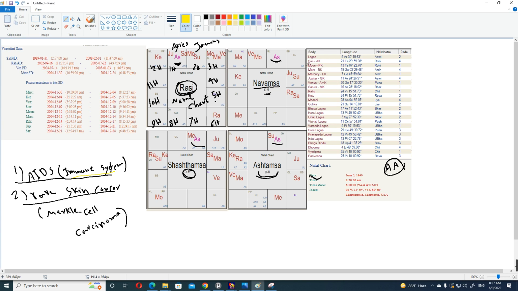Before starting the chart from the viewpoint of health, you need to check the strengths of the first house and 6th house, because these are all connected. This is the ascendant. Ascendant in a chart is the physical body and everything related to the native. If it is weak, then the health is going to be weak.